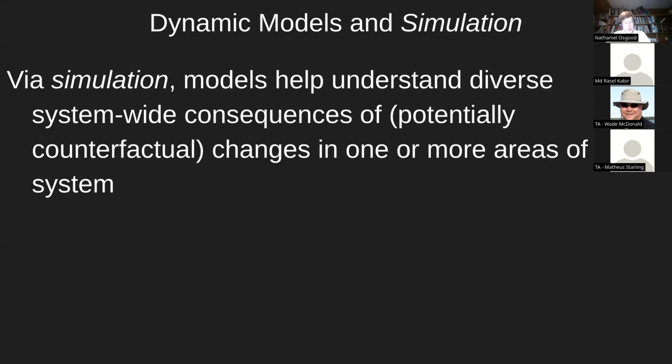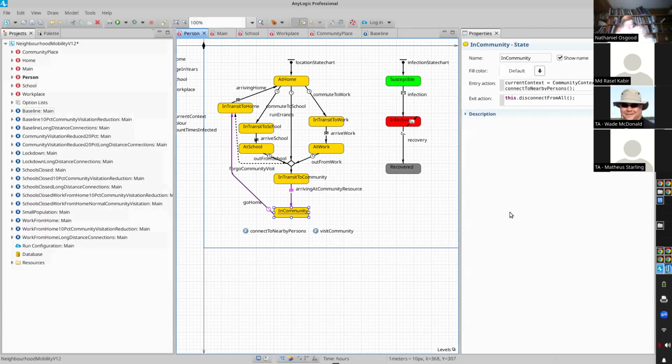We saw that earlier. Here we're laying out our assumptions, or in this case, very simplistic assumptions about people's movements in the community and their natural history of infection. This has a certain value, taking it out of our head and sharing it with others.